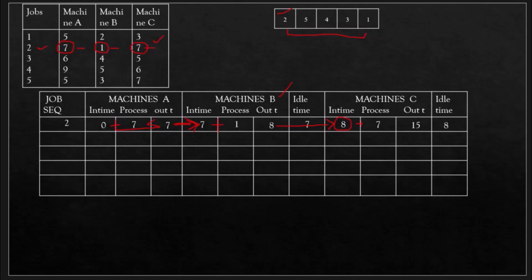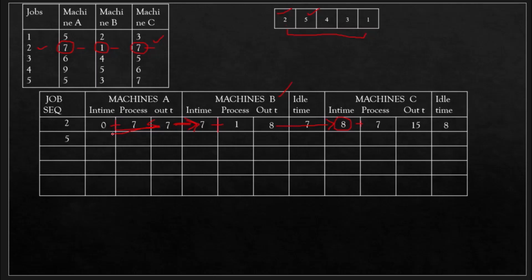Now in the sequence we have job 5, so in the job sequence order we can place the 5. First we want to give the input. We won't start again from 0 seconds; we give the input from the machine's out time. The job 2 out time in machine A becomes the job 5 in time.